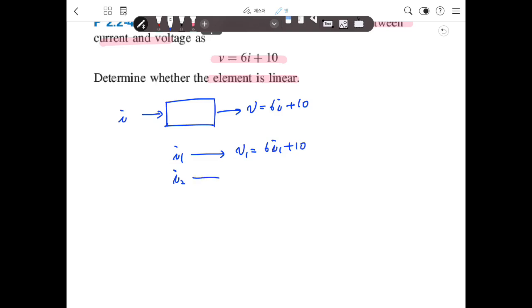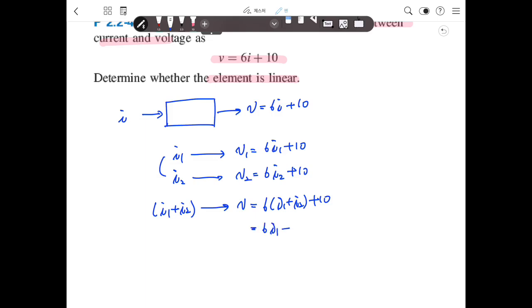Then the result V2 will be 6 I2 plus 10. Then we add I1 and I2. We insert a new input I1 plus I2. Then the result V will be 6 times I1 plus I2 plus 10. That will be 6 I1 plus 6 I2 plus 10.